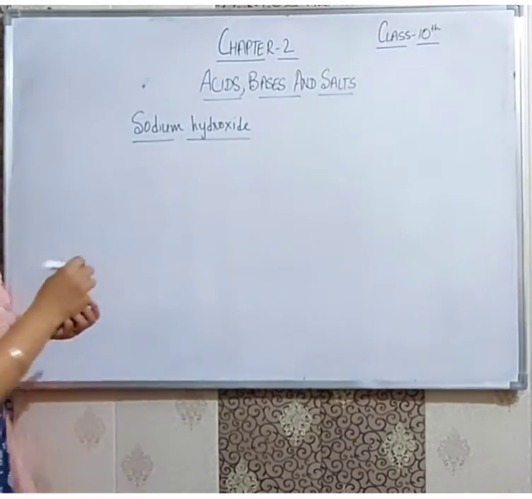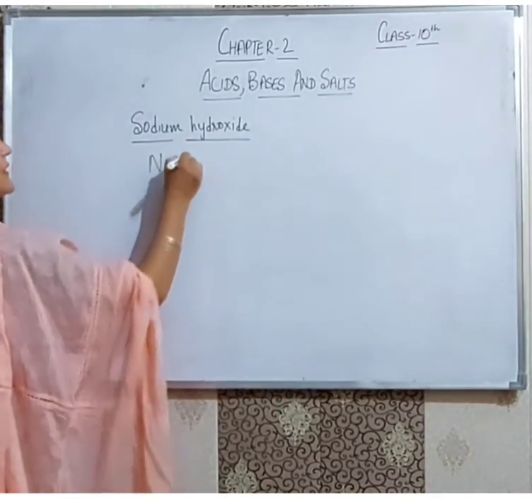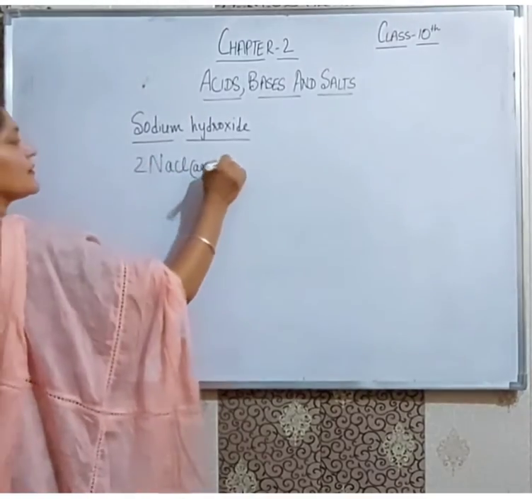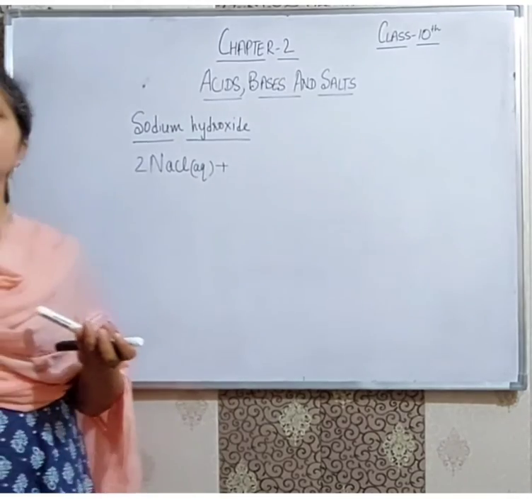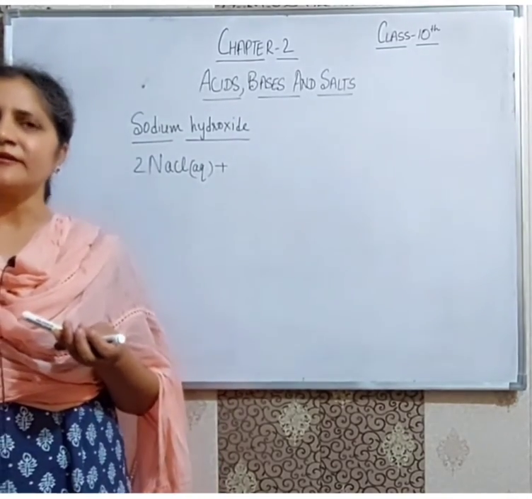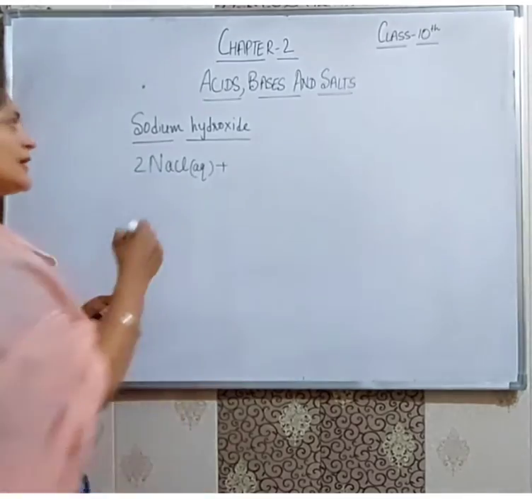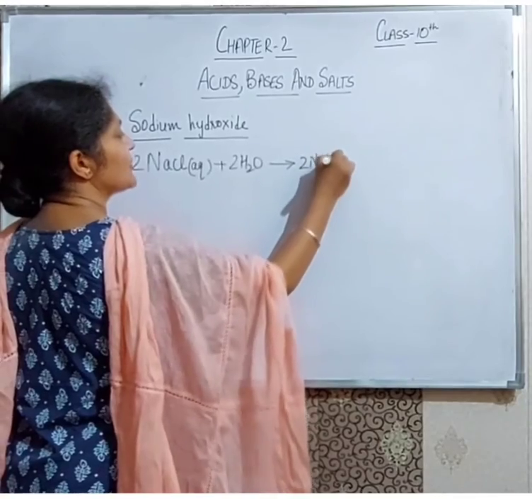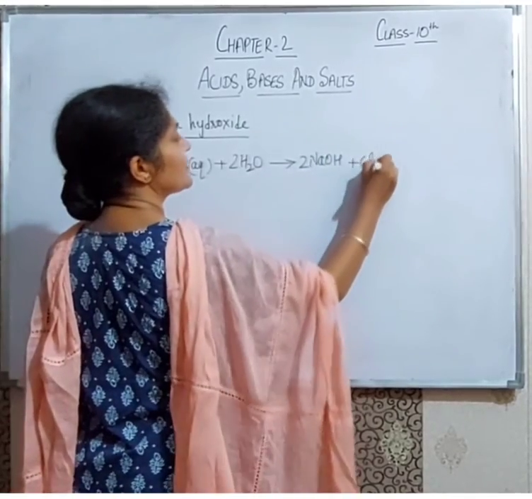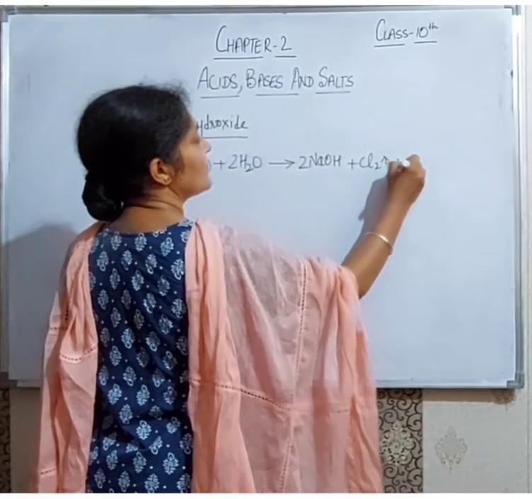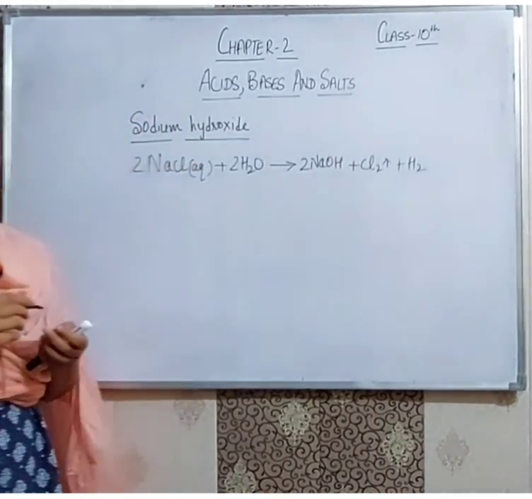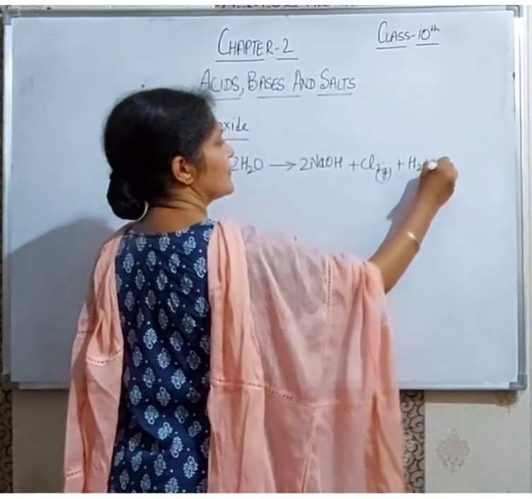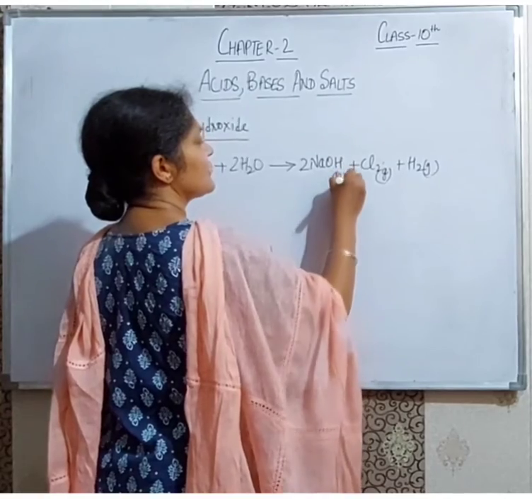Now students, when we take aqueous sodium chloride and pass electricity through it, we get the formation of sodium hydroxide, and we also get chlorine gas and hydrogen gas. This is the reaction. This is in the aqueous form.